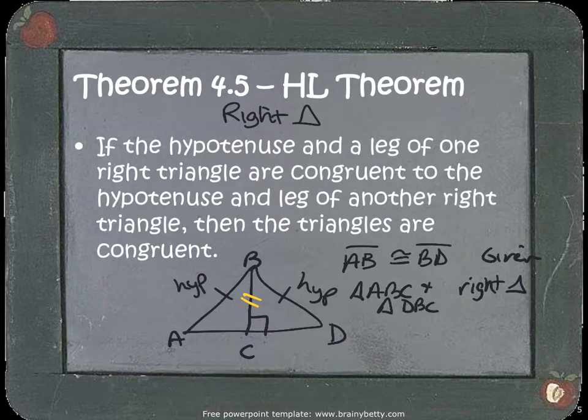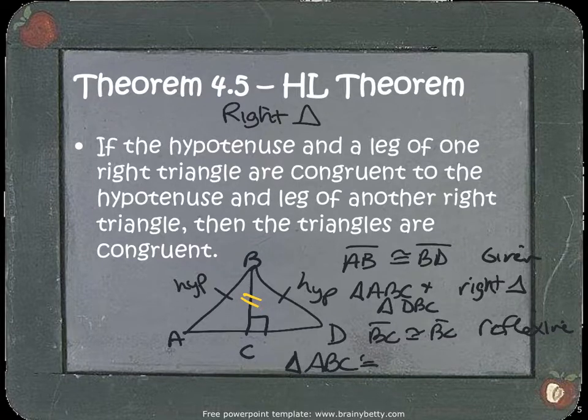And then you would say that BC is congruent to BC by your reflexive property, which is your leg. So then you can say that triangle ABC is congruent to triangle DBC by HL, hypotenuse leg. So 1, 2, 3, 4.